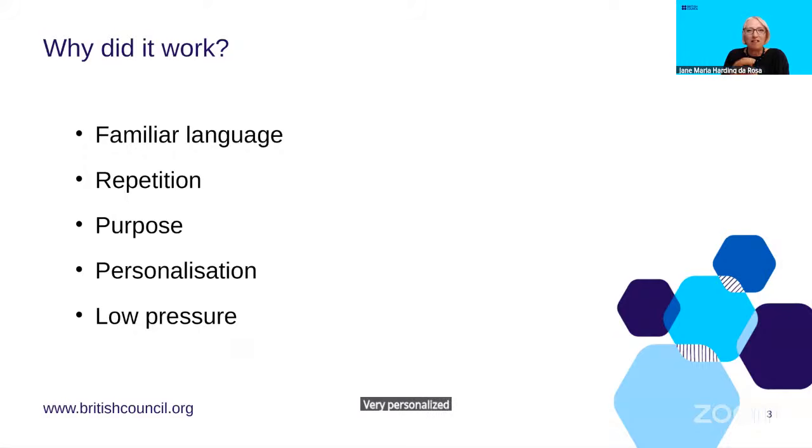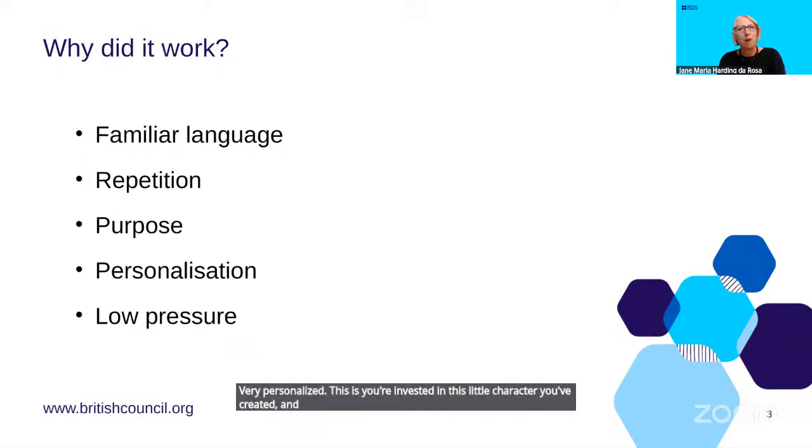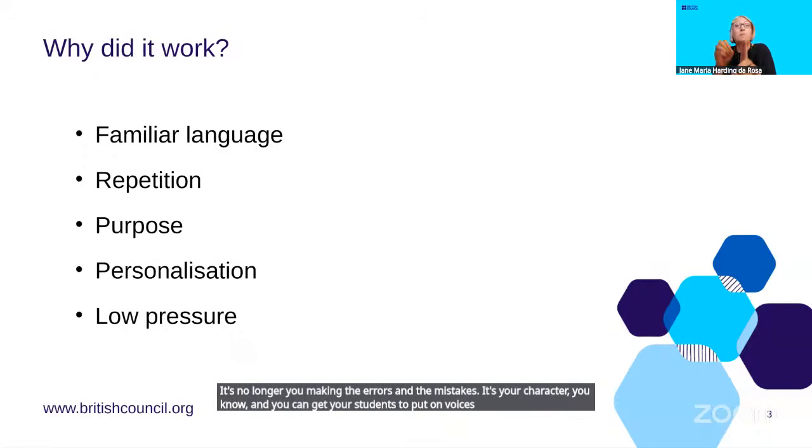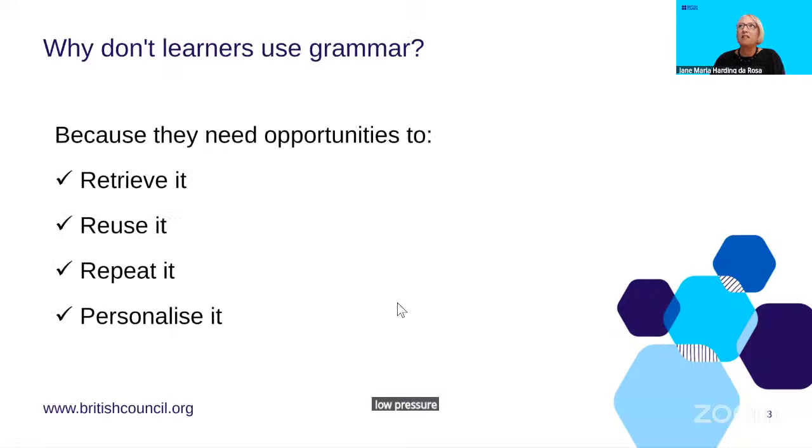You're invested in this little character you've created, and there's low pressure, because once you start talking as your finger, it's no longer you making the errors and the mistakes, it's your character. And you can get your students to put on voices, so it becomes even less them, it's more their character. So it's a real low pressure activity, isn't it?